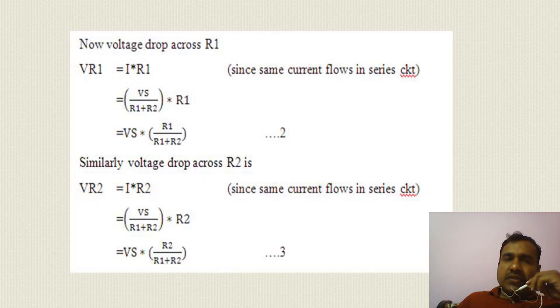Now can you observe these two equations, equation number 2 and equation number 3? The voltage drop across resistance R1 is given by source voltage into that resistance R1 divided by total resistance R1 plus R2. Similarly, voltage drop across R2, VR2, is equal to source voltage into resistance R2 divided by total resistance R1 plus R2.